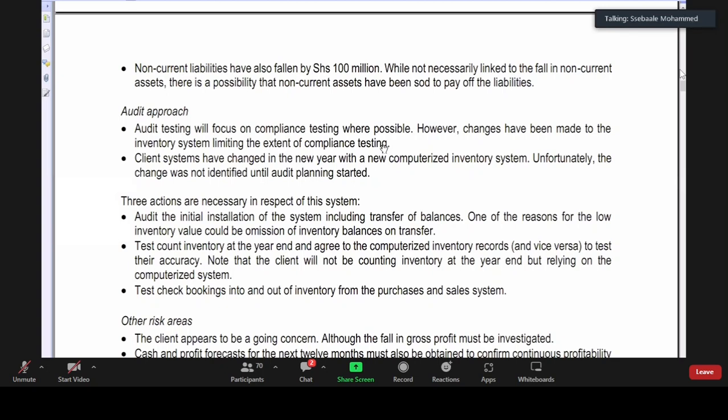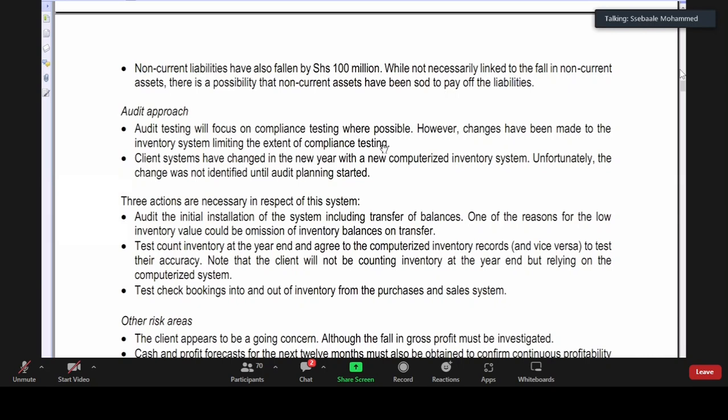You need to look out for how the inventory was moved from the manual system to the computerized system. Your audit should place a lot of focus on the migration of data from the manual system of inventory to the computerized system, because there's a possibility of omission and commission. Management can use that opportunity to misstate cost of sales.